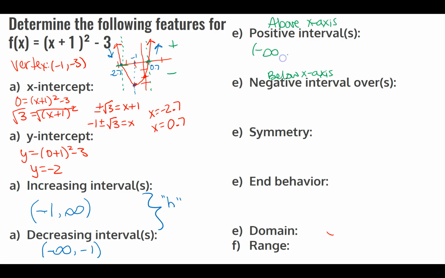Negative 2.7, yes. And there was another piece, right? This piece was above. And this piece is above. So we dipped down below, but where did I start getting back on the positives again? 0.7, and we were positive until infinity.